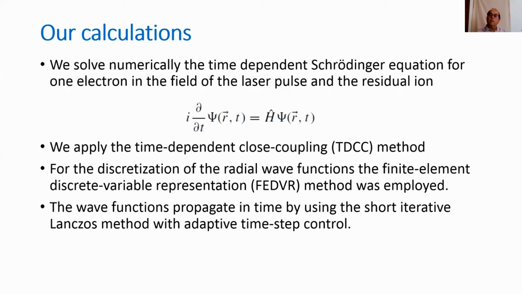For the discretization of the radial wave functions, the finite element discrete variable representation method was employed, and the propagation of the wave function in time is done using the short iterative Lanczos method with adaptive time step control.